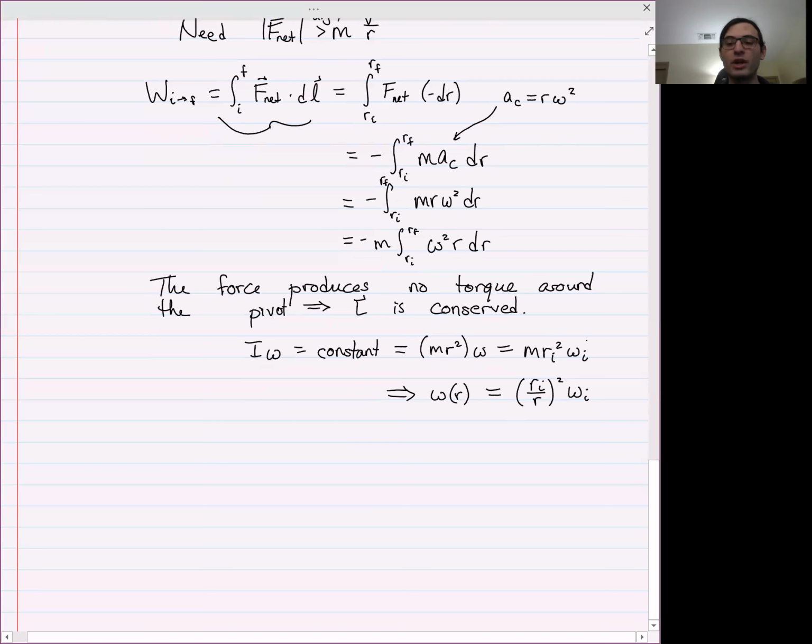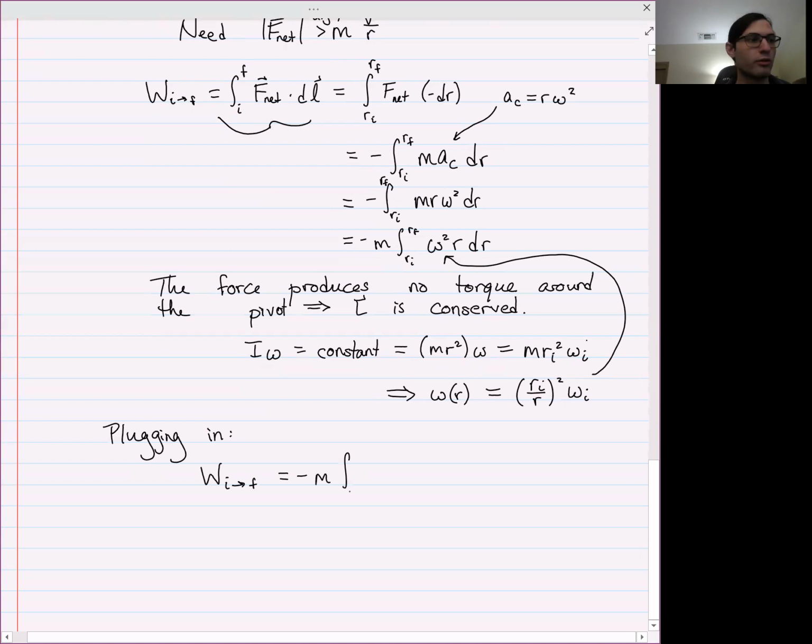So now that we know how omega varies, we can plug that in there. Now we know that the work done as it goes from i to f is negative m times the integral from r_i to r_f of omega squared, which is r_i over r squared times omega_i, and then that whole thing is squared, times r dr, right?